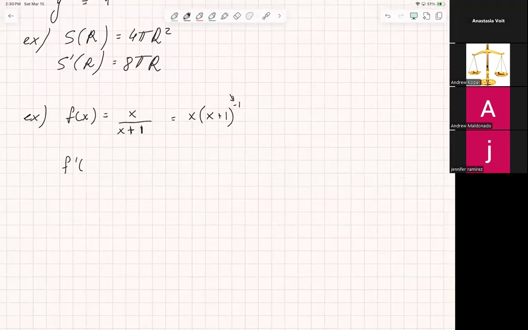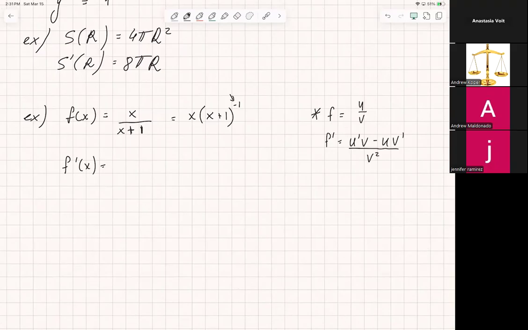Okay, so remember that if f is equal to u over v, then f prime is equal to u prime v minus u v prime, over v squared. That's the quotient rule.